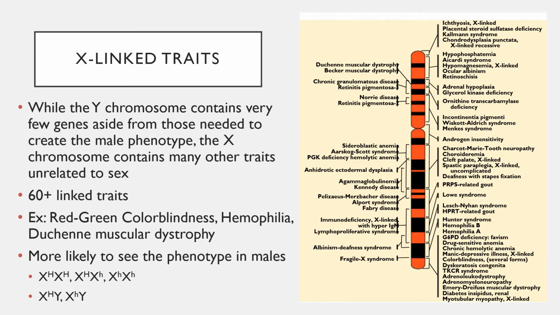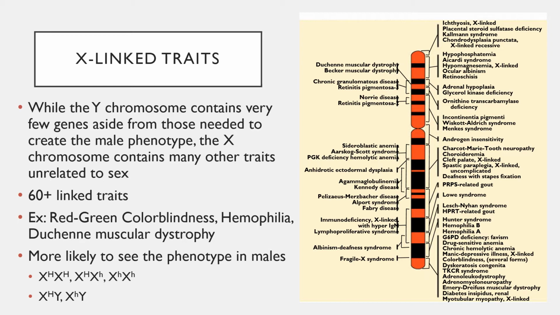Now, these X-linked traits, we have 60 or more that we found are related to traits that are not related to whether you are female. So the X, while it is a sex chromosome, has information on it that is important to everyday life and affects traits that aren't related to maleness or femaleness.